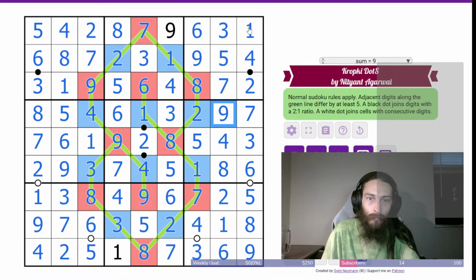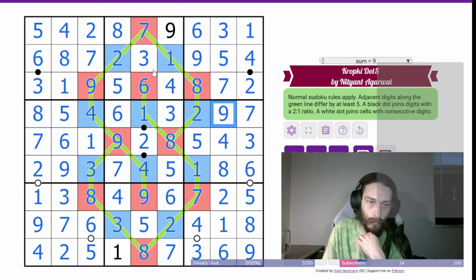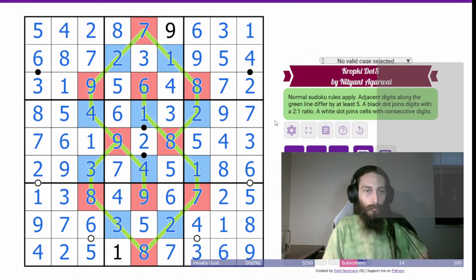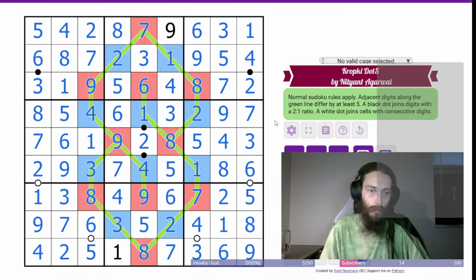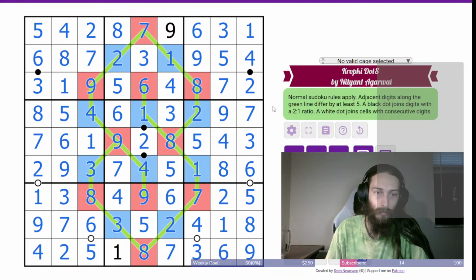Right. This is a good puzzle. I liked the way that you can make interesting shapes, and that leads to interesting solutions, I guess. But yeah, all right.